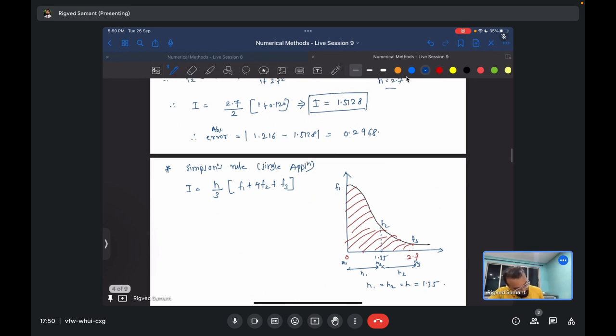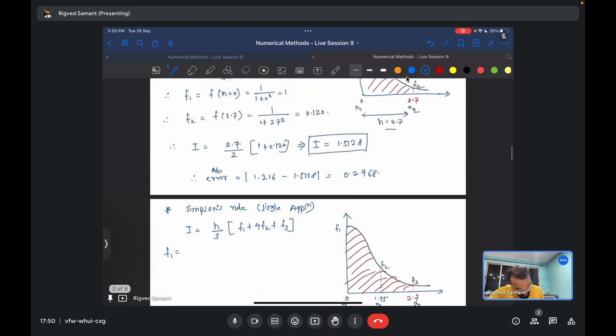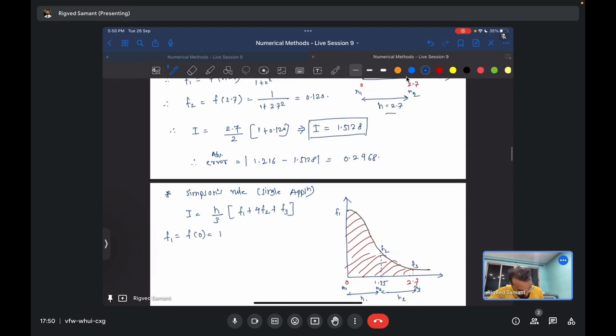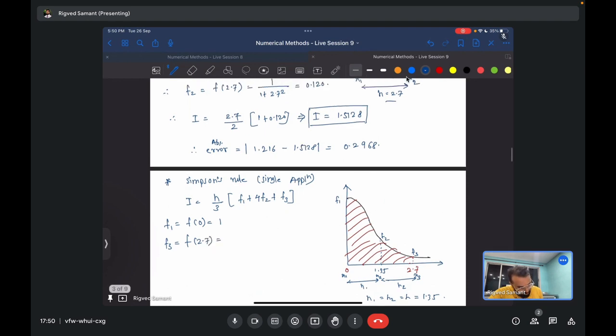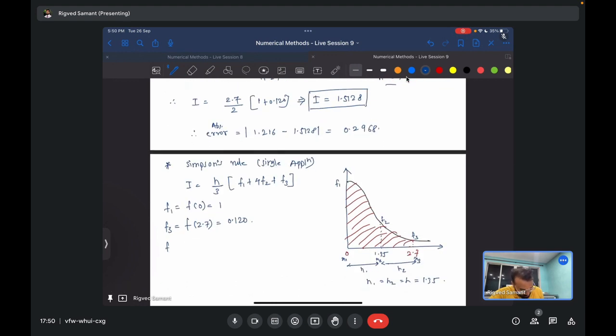So what do you want? f1, f2, f3. f1 you already know is f of x0 only, right? f of 0, that is 1. f3 also we know, f3 is f of 2.7, that is 0.120. We just have to find f2, f of 1.35.